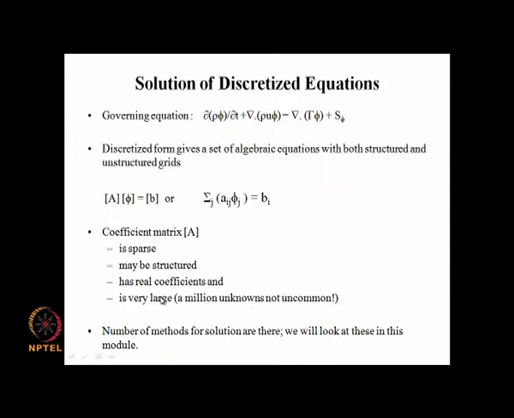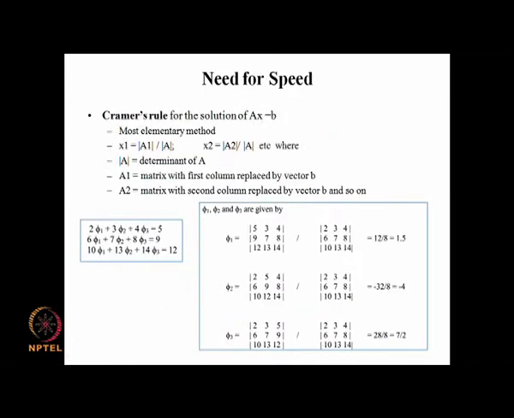Okay. So, when you look at this type of A phi equal to B, it is something that is very well known to us, and the one method that has been taught to us from our primary school days or higher secondary school days is the Cramer's rule.